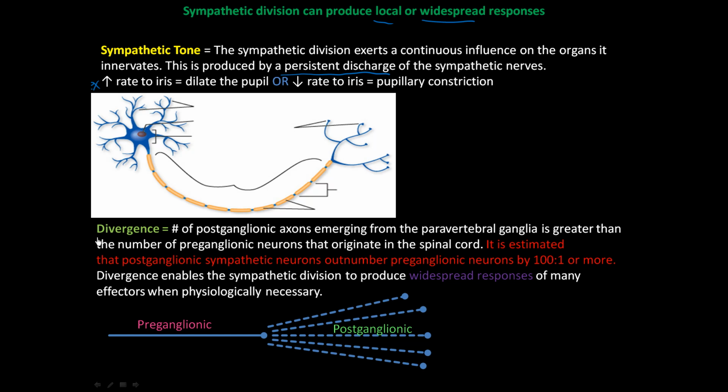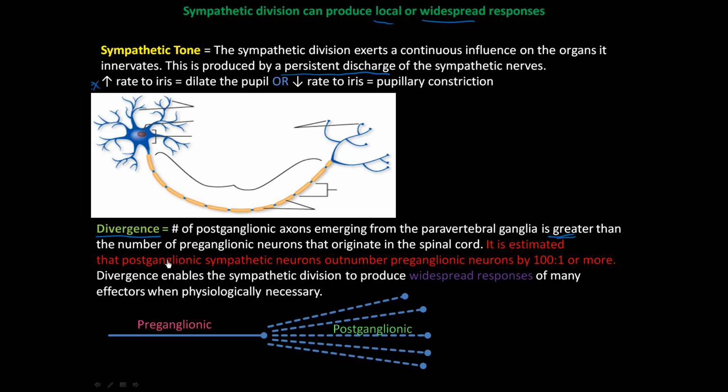Next concept is called divergence. This is an important concept too: the number of postganglionic axons emerging from the paravertebral ganglion is greater than the number of preganglionic neurons that originate in the spinal cord. So in the spinal cord, we have a certain amount of preganglionic nerves.